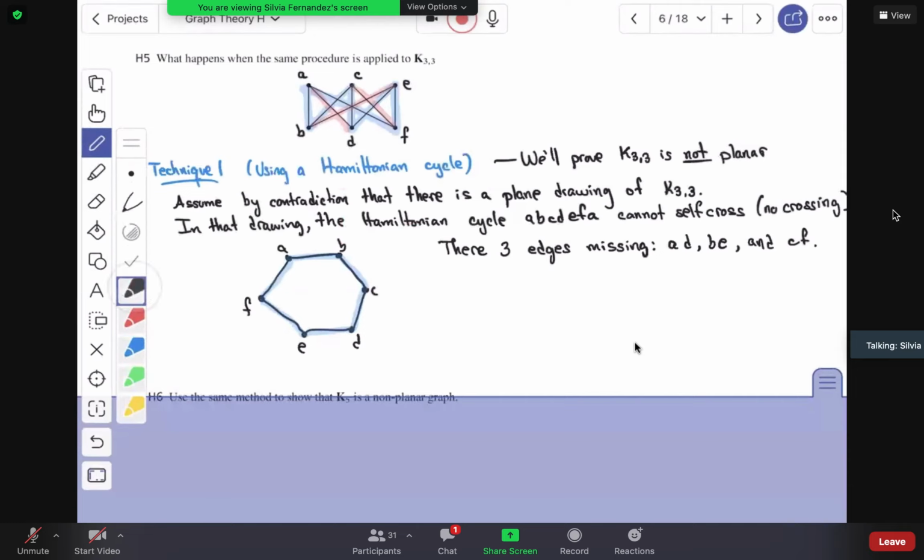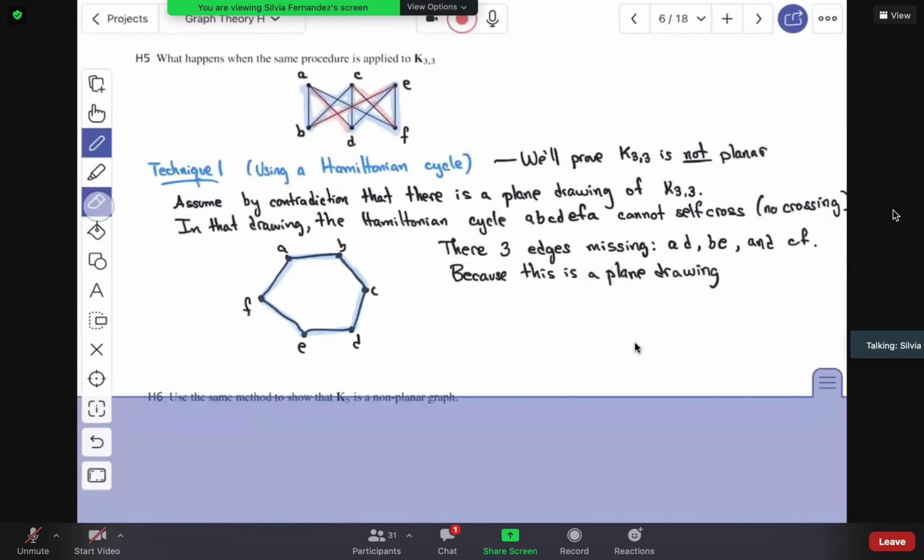Because the drawing is plane, again, we're assuming by contradiction that there is one. Because this is a plane drawing, it was okay.